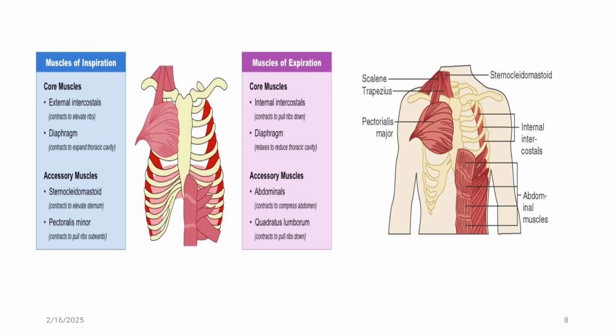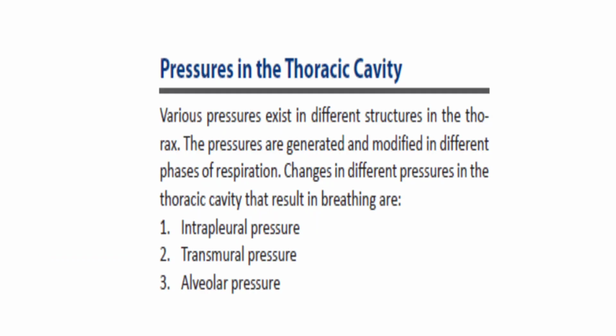That's why the active participation of expiratory muscles is important. These accessory expiratory muscles act against the resistance of the airflow, so in asthmatic patients they are very active in order to reduce the resistance to airflow. So this is about the muscles in inspiration and expiration.